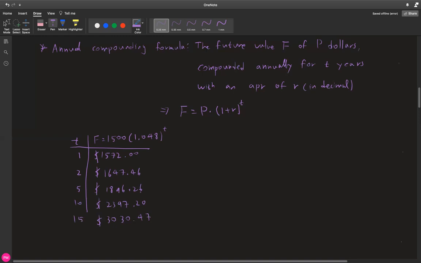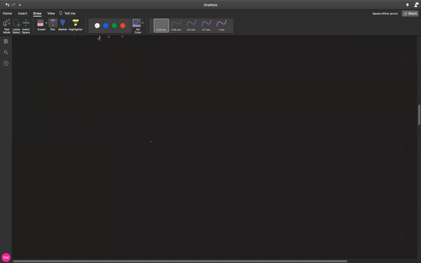So now that we have established the annual compounding formula, let's look at a different type of compounding. Let's now look at general compounding. Oftentimes, a bank or credit union offers deposit compounding more than once a year.